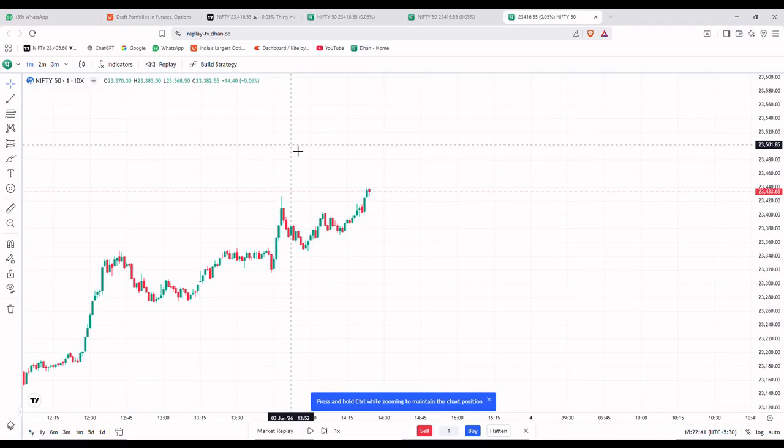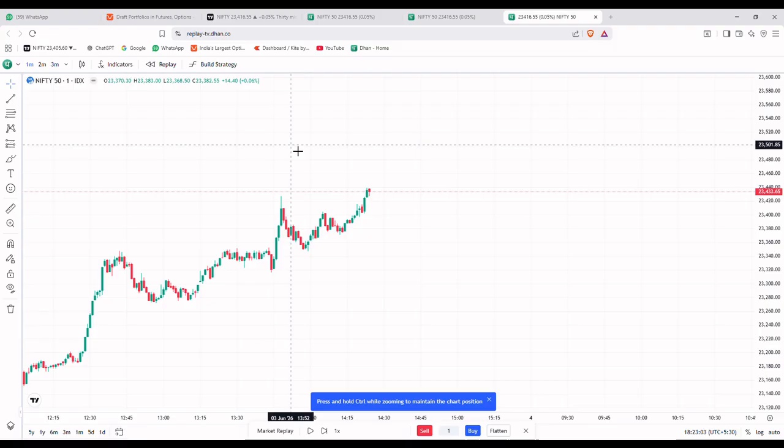So the strategy that I'm going to show you is how I actually do scalping. This is one of the strategies that I always use while trading Nifty or Sensex, okay? And I do not use any indicator. I do not use any other OI or any other information.